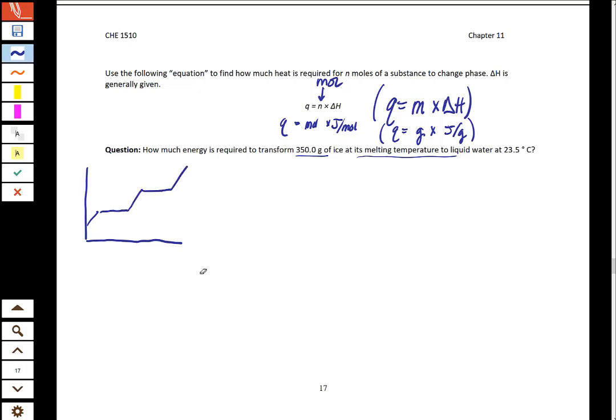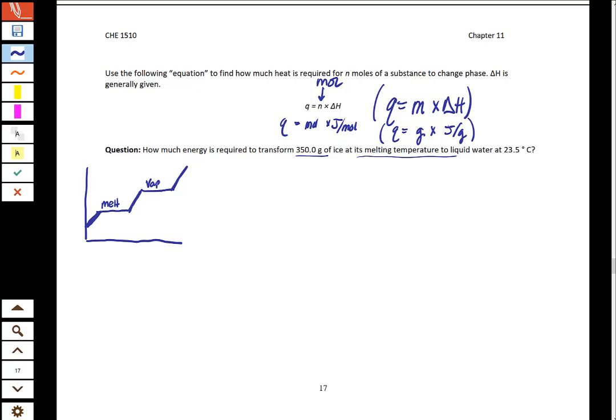So if we draw a little graph, we know that this section here is solid water, over here you have liquid water, and over here you have gaseous water, and this part is the melting process, and this part is the vaporization process, then we can have a sense of where we are on the graph.